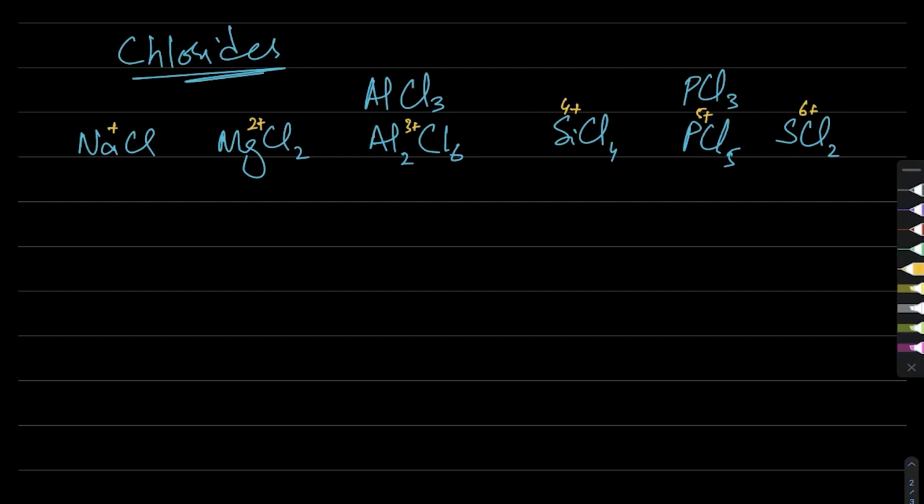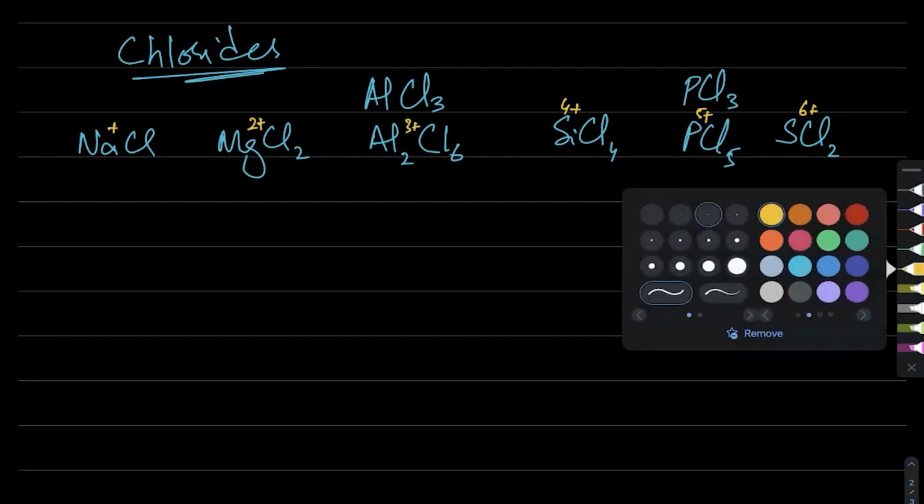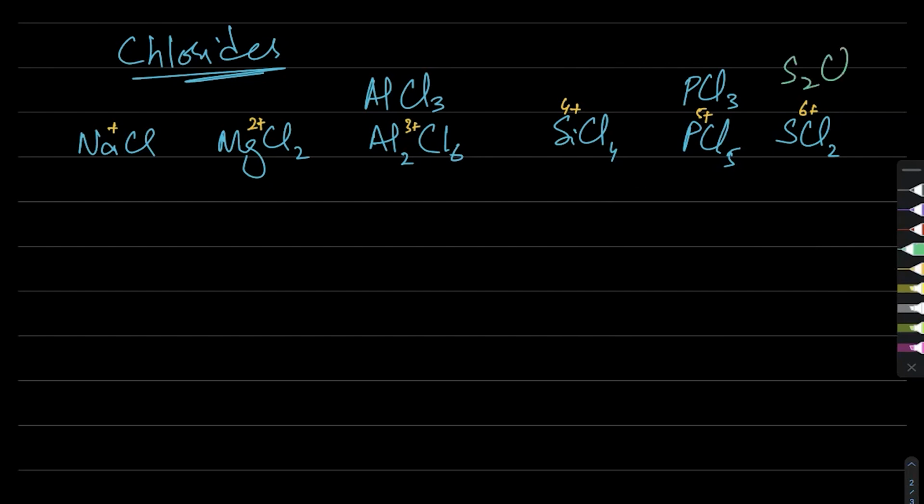Okay, sure, there are others as well, like S2Cl2 होता है, exist करता है, या PCl3 exist करता है, ठीक है? But the oxidation numbers are still higher than the oxidation number of chlorine है इसमें ये +3 होता है और इसमें ये +1 होता है and इसमें भी ये +3 होता है.